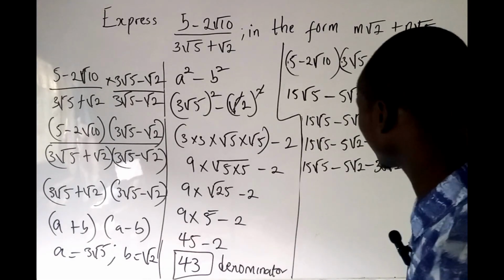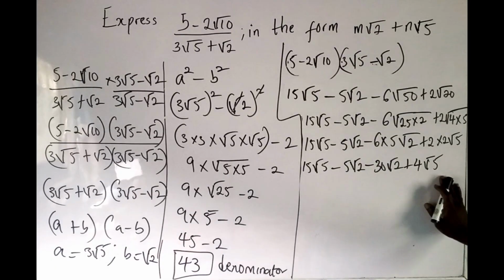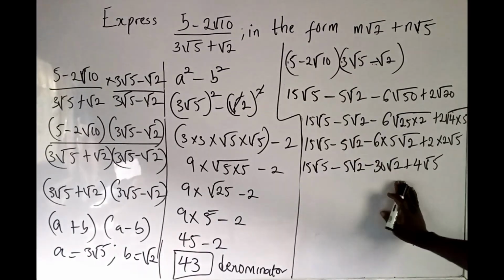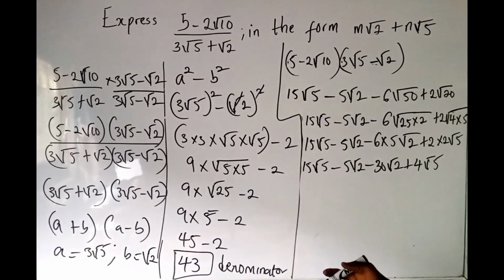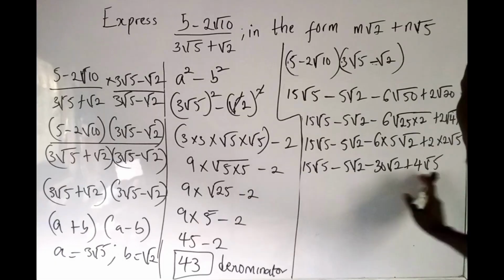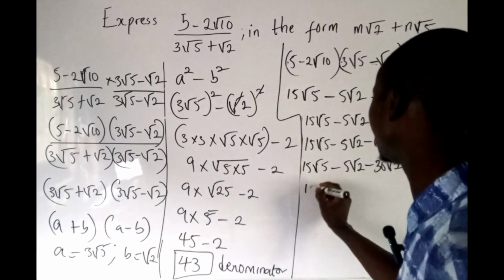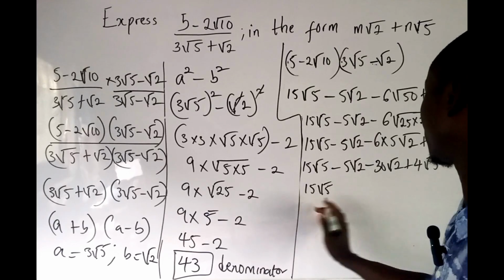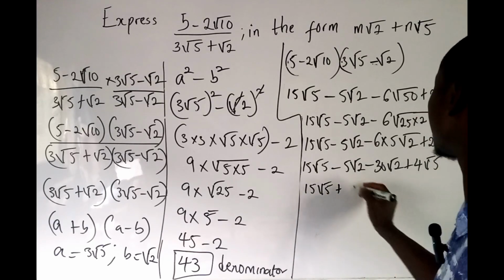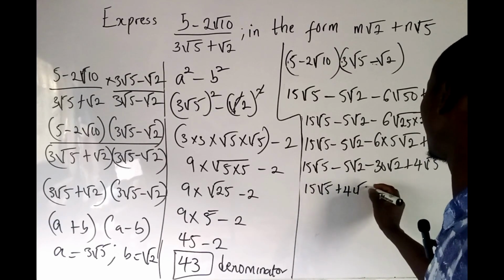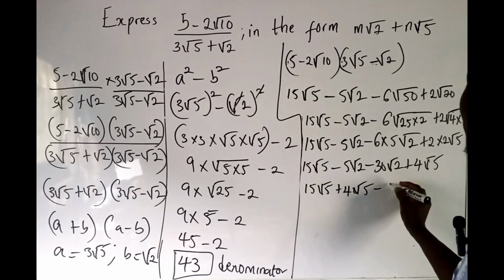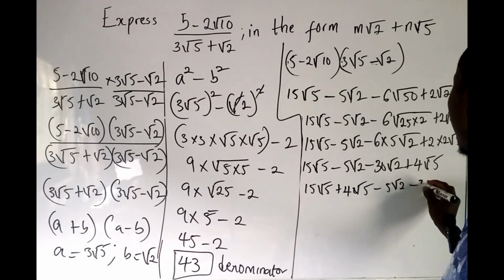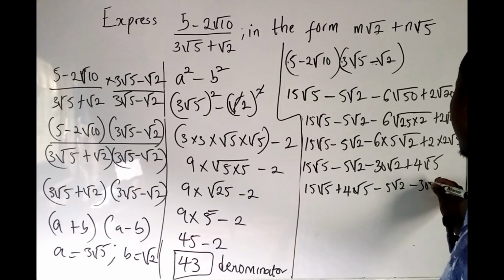We can see that we have root 5 here and root 5, and root 2 and root 2. So we collect like terms: we add up the same roots and subtract the same roots. So you have 15 root 5 plus 4 root 5, then minus 5 root 2 minus 30 root 2.